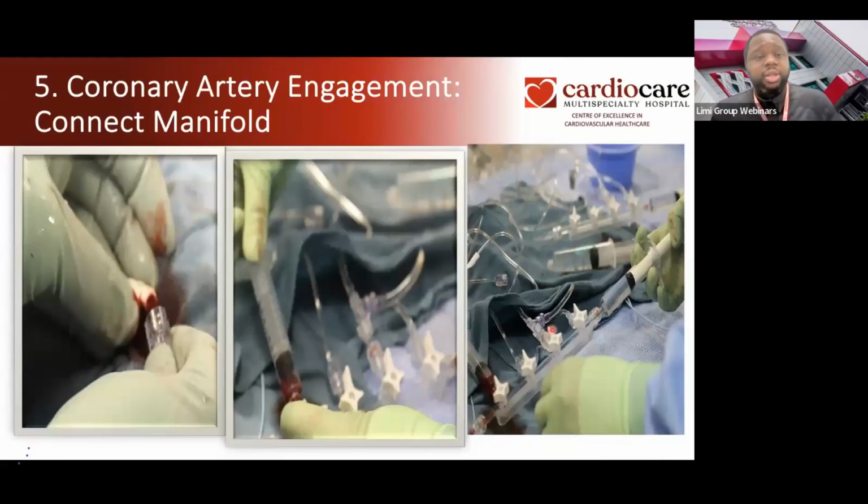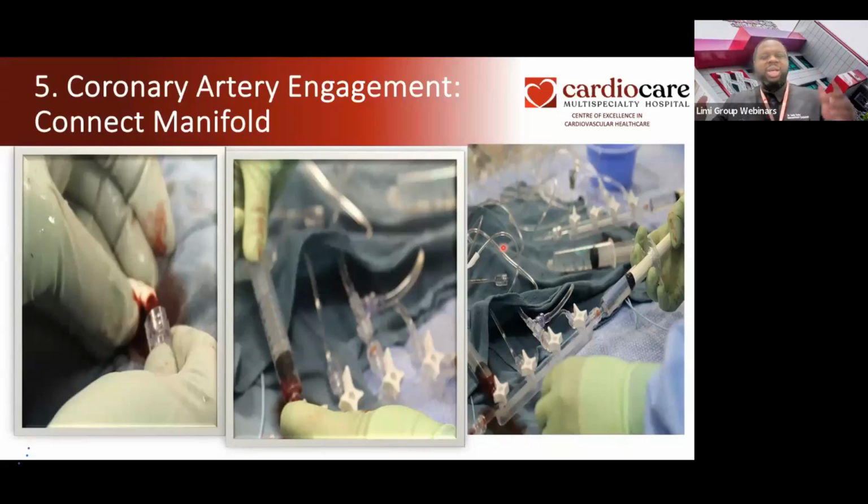Somebody was asking in the Q&A box how do we check the intra-arterial blood pressure. So like I said, this is the manifold. One you can see is connected. So one of these will be connected to a pressure transducer. And that is connected to your monitor. So on your monitor, you will not only be seeing the blood pressure, you'll be seeing the blood pressure tracing.